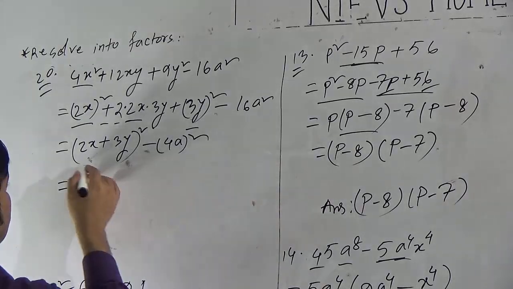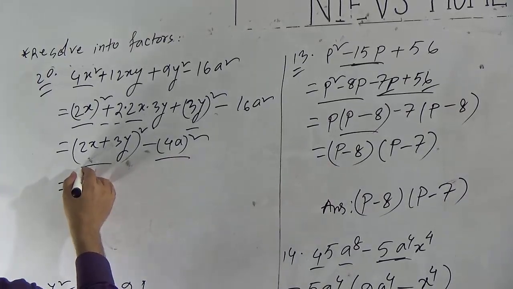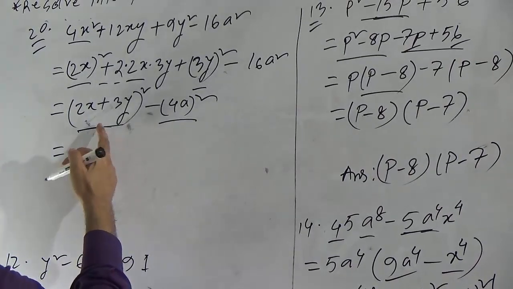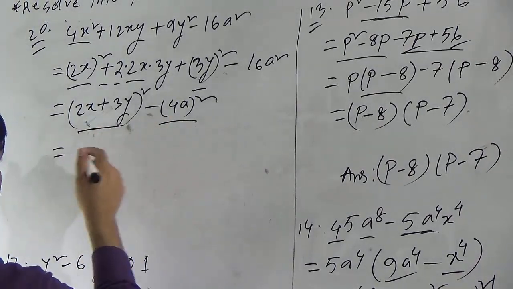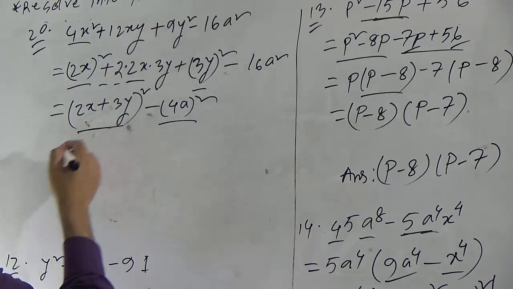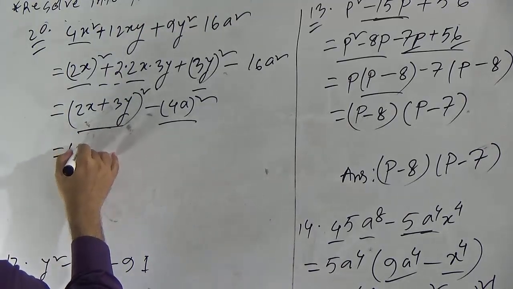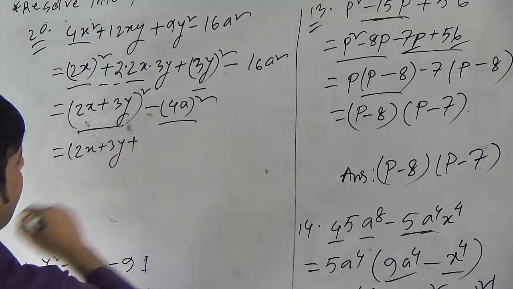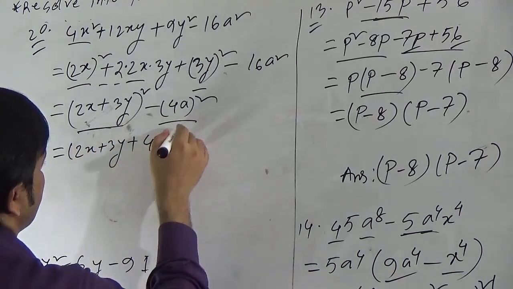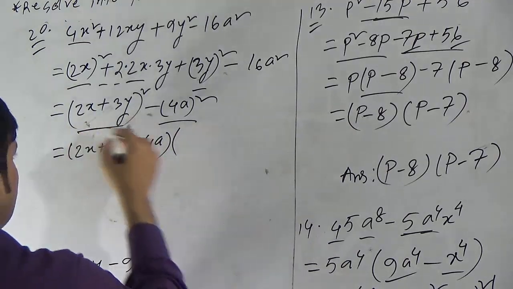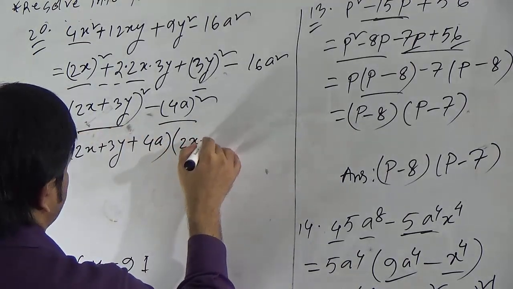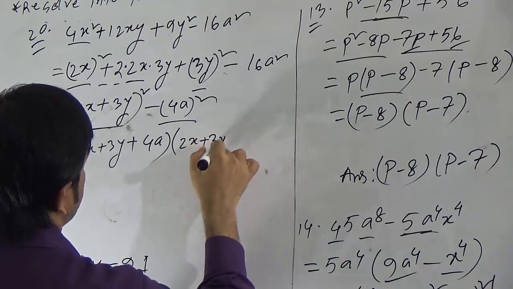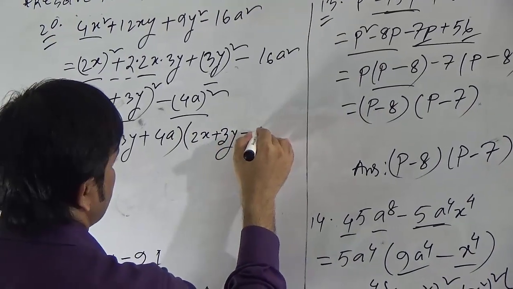Now here is a square minus b square. Consider 2x plus 3y as a and 4a as b. So this is a square minus b square. So we can apply the formula a plus b into a minus b. A means 2x plus 3y, plus b means 4a, and a minus b, a means 2x plus 3y and b means 4a.